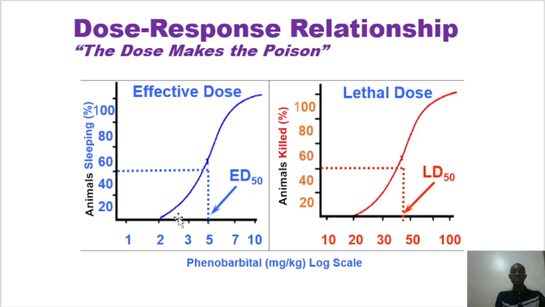Then we can say that maybe 2 was our effective dose. This response is in percentage, so we can say maybe at 20%, we would say effective dose at 20% of the population. This is percentage of population. So here we would say 40% population. So we always like using 50% population.